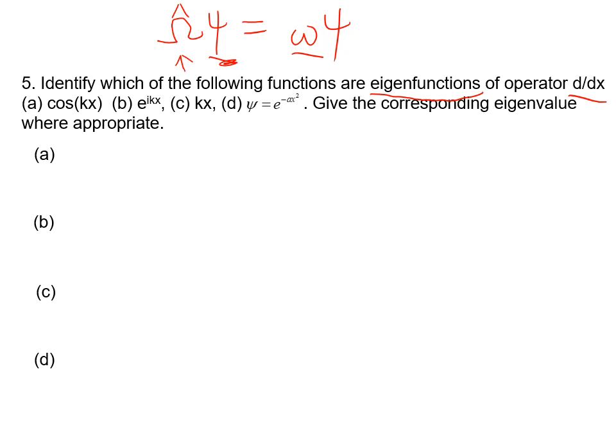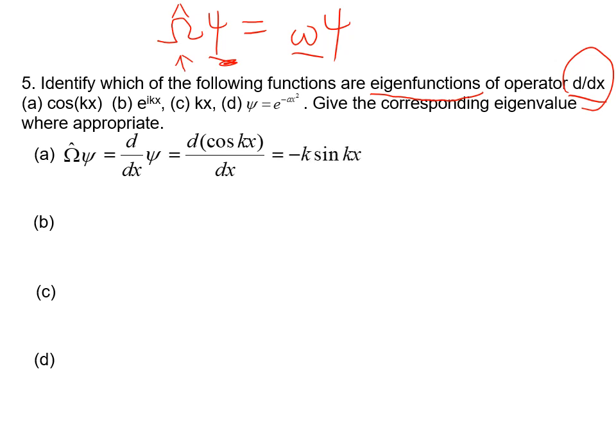So now let's use this operator on those functions and see if we get the function back times a constant. In A, the operator, which is the first derivative, operates on the function cosine kx. The first derivative of cosine kx is negative sine kx, so negative k times sine kx. This doesn't give cosine back, and therefore this is not an eigenfunction of the operator.